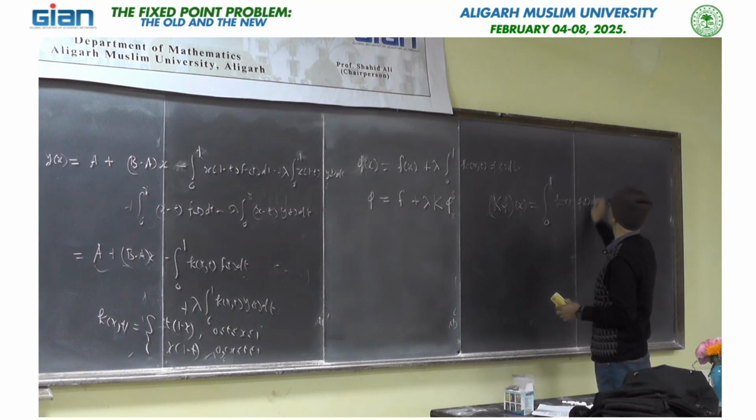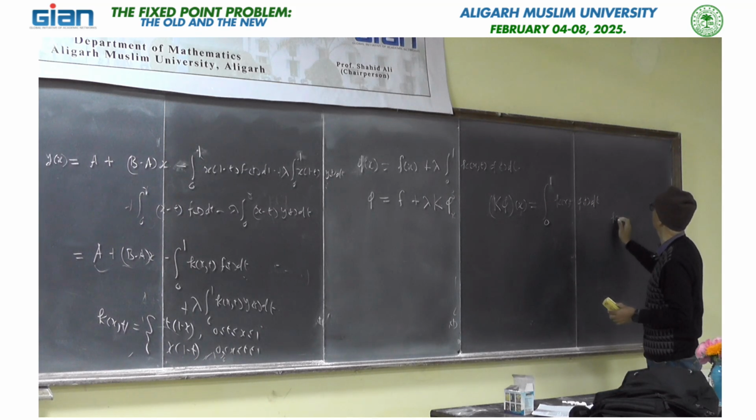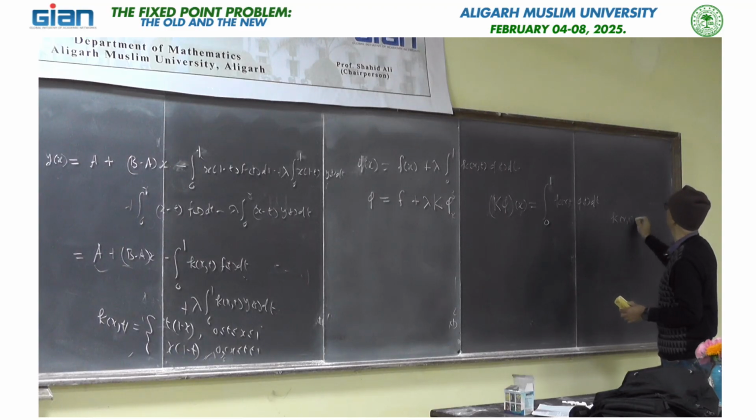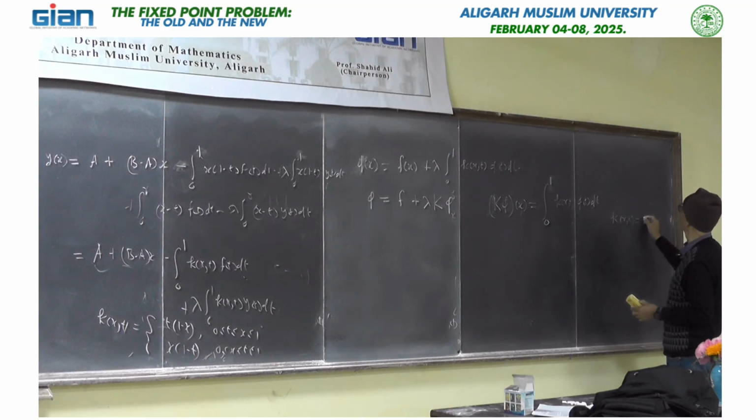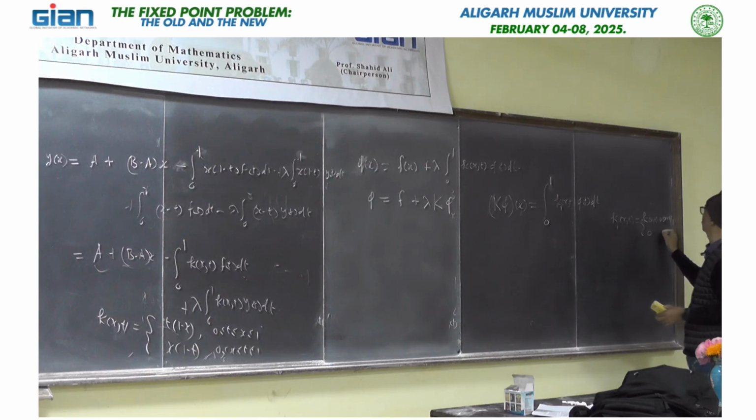phi t dt, where in the Volterra case this kernel k x t is simply that, let me write it as k1, it is simply that k x t for 0 less than x less than or equal to t, and it is 0 for the other part, less than or equal to 1, and 0 less than or equal to t less than or equal to x less than 1. So the other part it is 0.